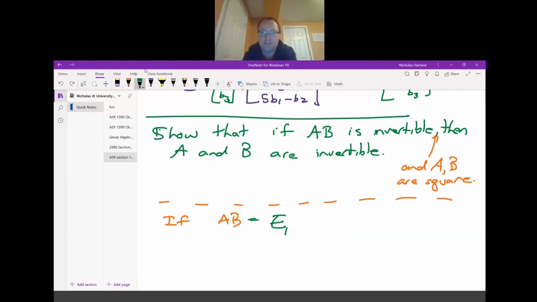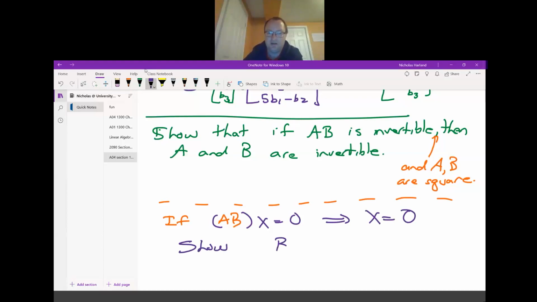All right, somebody suggested 2. Yeah. Using one that doesn't require us to know the entries. So if ABX equals 0 implies X equals 0, let's show that BX equals 0 implies X is equal to 0.